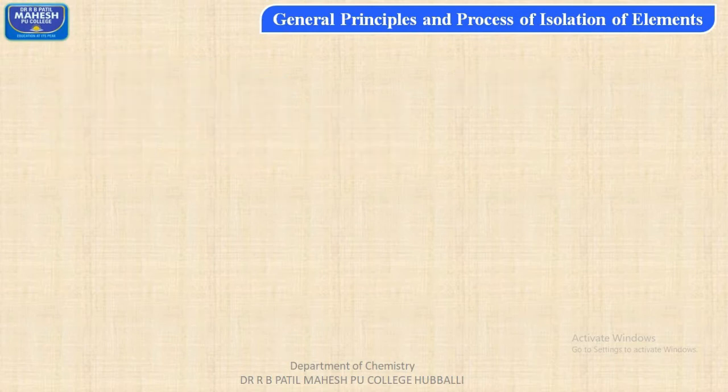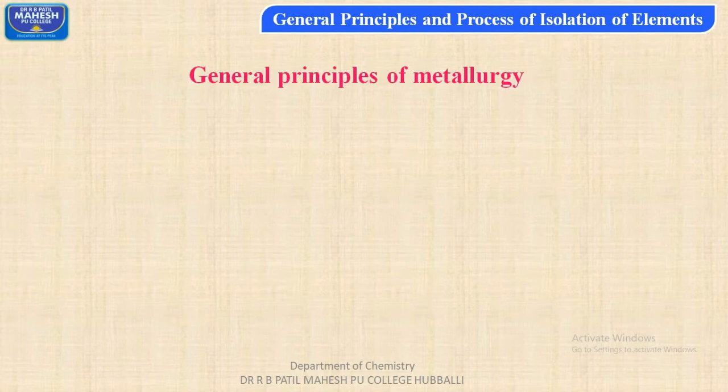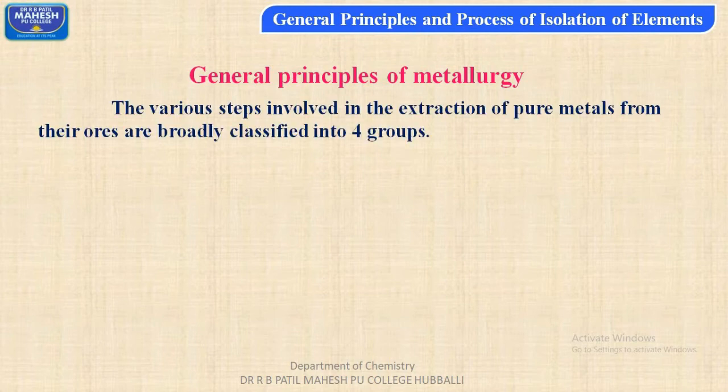extraction of magnesium students. Let us discuss now general principles of metallurgy. The various steps that are involved in the extraction of pure metals from their respective ores can be broadly classified into four different groups.